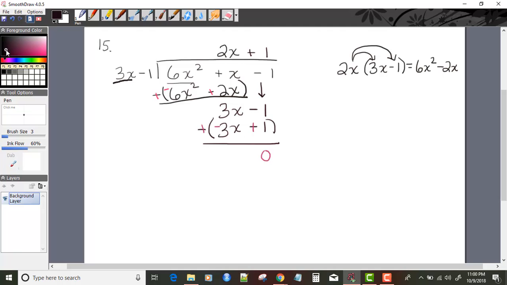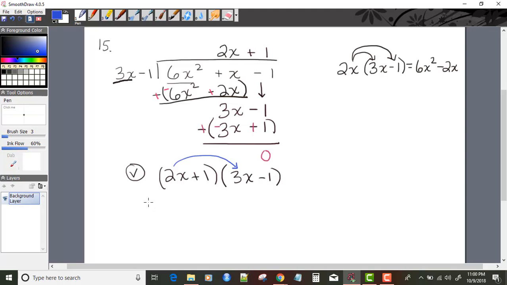To check it, I multiply, I do my inverse operation. So I multiply my quotient by my divisor, and I should get my dividend if my quotient is correct. So let's see. I'm going to use FOIL to multiply.